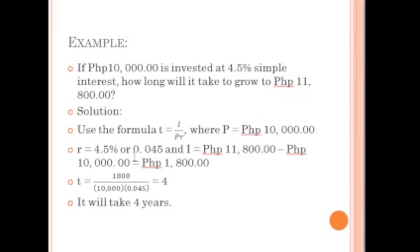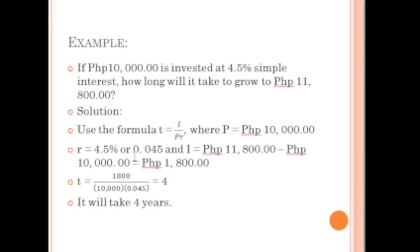So we need to subtract the maturity value minus the principal. So we have 11,800 minus the principal, that is 10,000. So we have 1,800. So the interest here is 1,800.